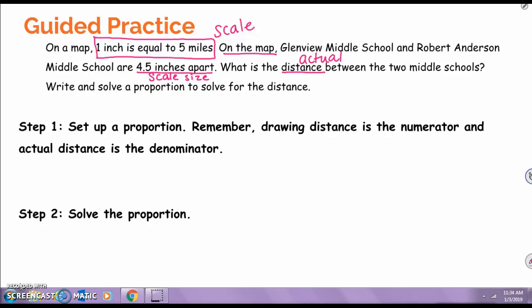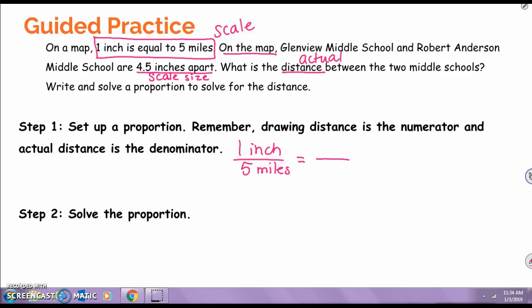Step 1 is to set up a proportion. Remember, drawing distance is the numerator and actual distance is the denominator. So we start with our scale ratio, 1 inch over 5 miles. Remember, proportions are set with two ratios set equal to one another.